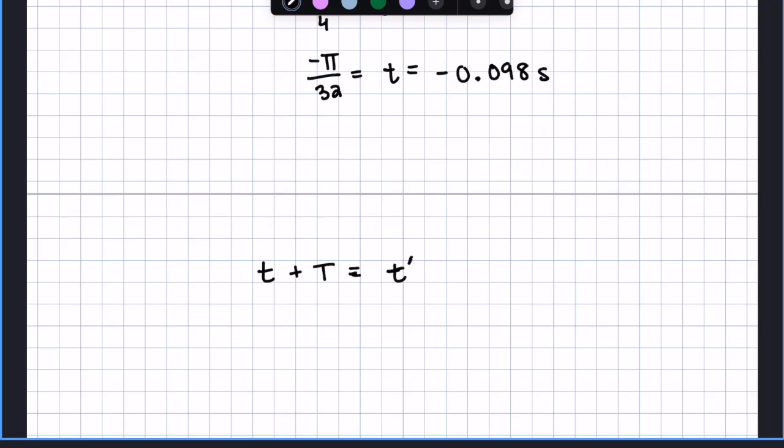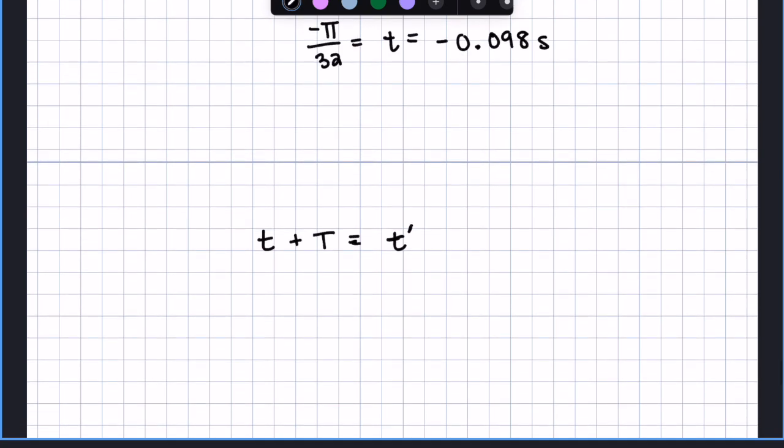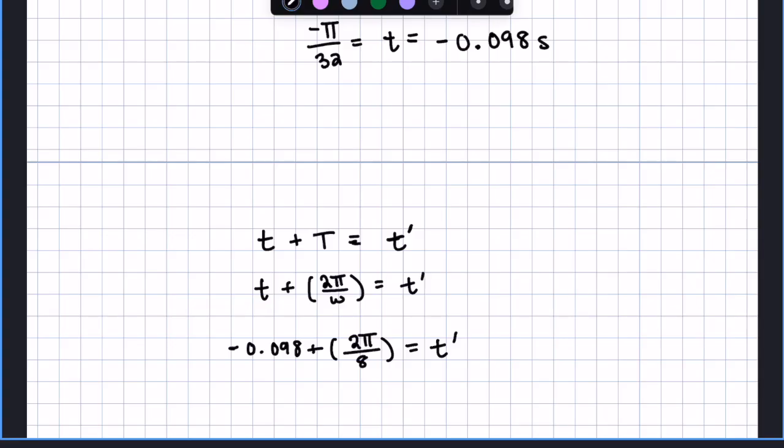I'll call it t prime to give it something new. My period is going to be 2 pi over omega, and I know what my omega is, so then I could put in that negative 0.098 plus 2 pi over 8 equals t prime.